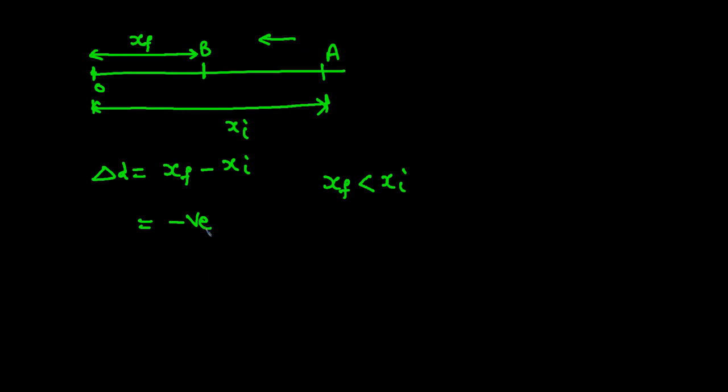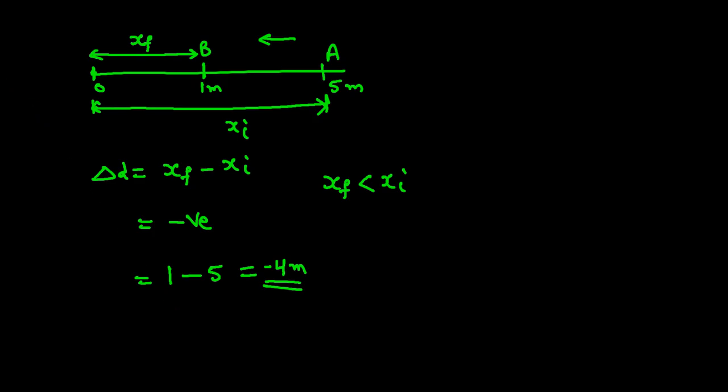So that tells you displacement is negative. For example, let's say this was 5 meter. The particle was at A, 5 meter from the origin, and now it moved back to, let's say, 1 meter. So xf is 1, xi is 5, and 1 minus 5 is going to be negative 4 meter. So you see displacement can be negative.